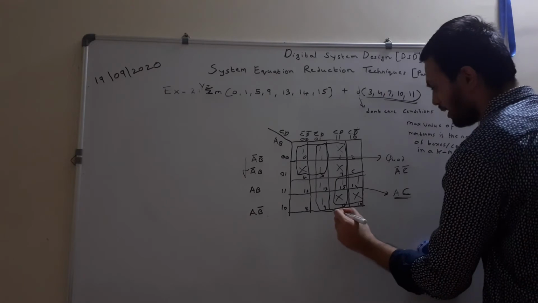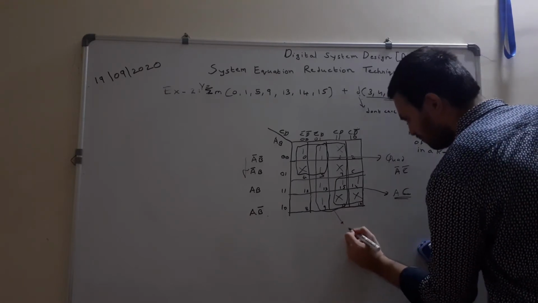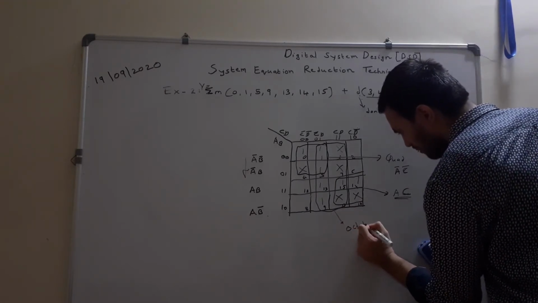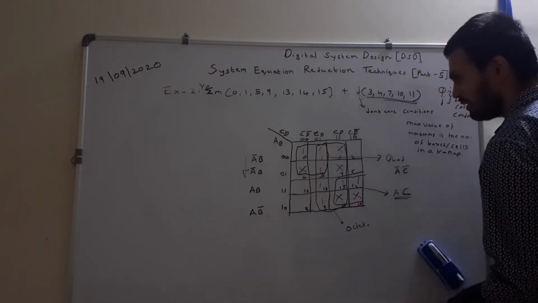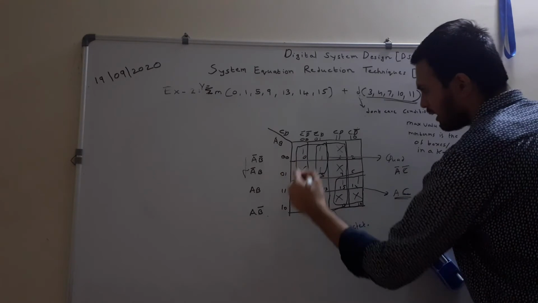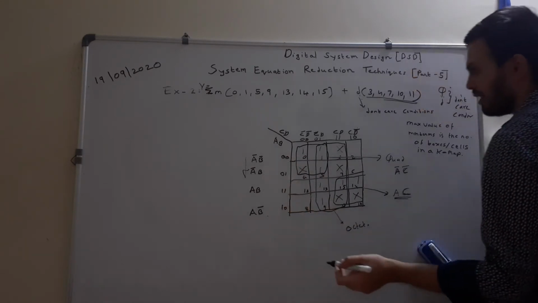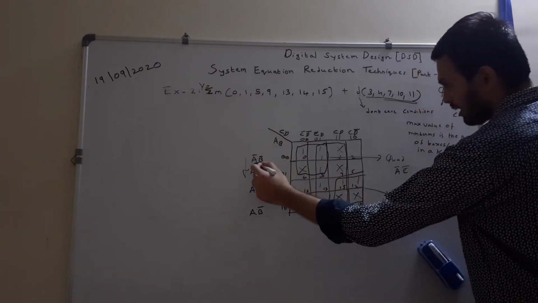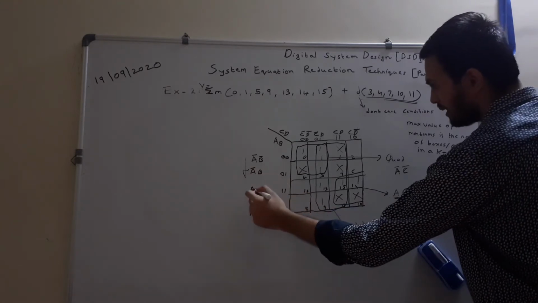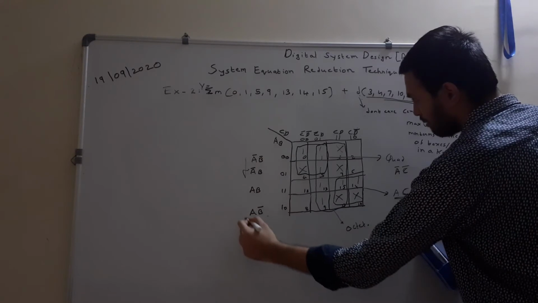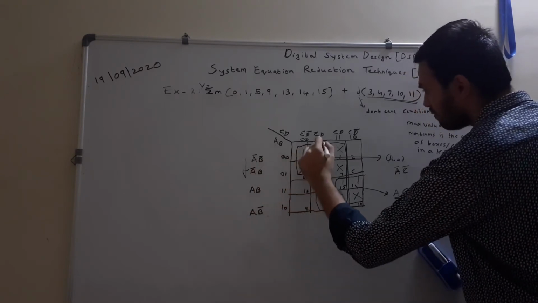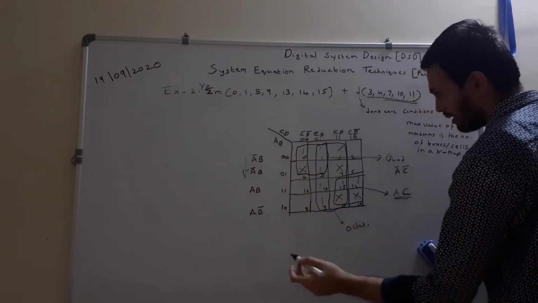Now let us have a look at this particular octet formed in the center. Let us check its row values. Here A bar B bar is there, A bar B is there, AB is there, and AB bar is there. So each variable is varying because all four rows get covered.